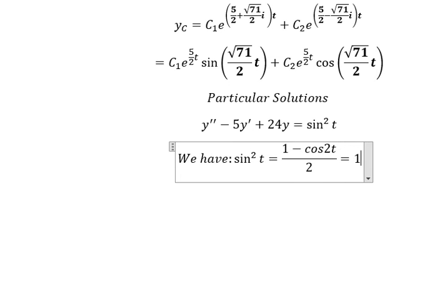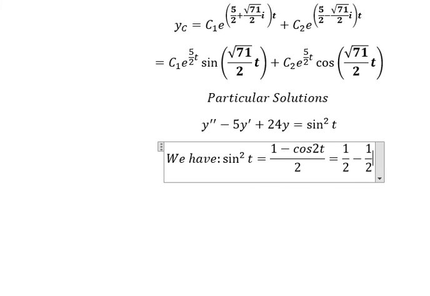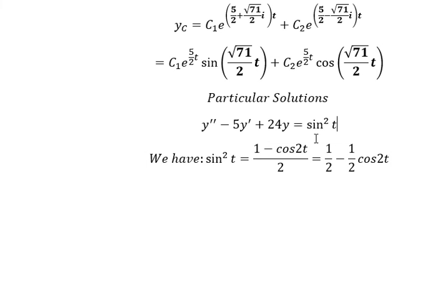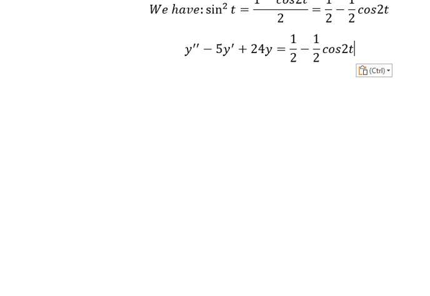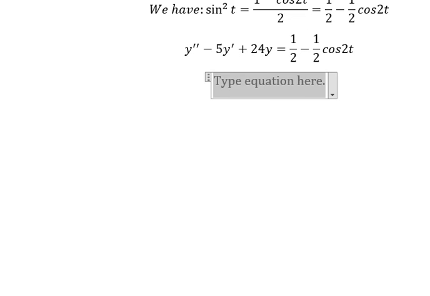So this one we have 1/2 minus 1/2 cosine 2t. And now I will change sin squared t into this one. So we can use undetermined coefficients.